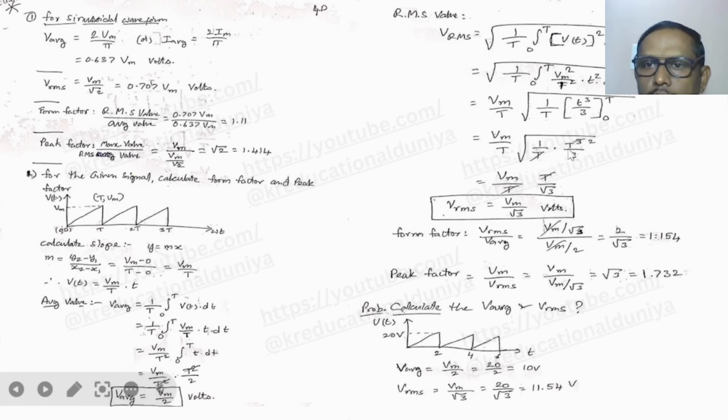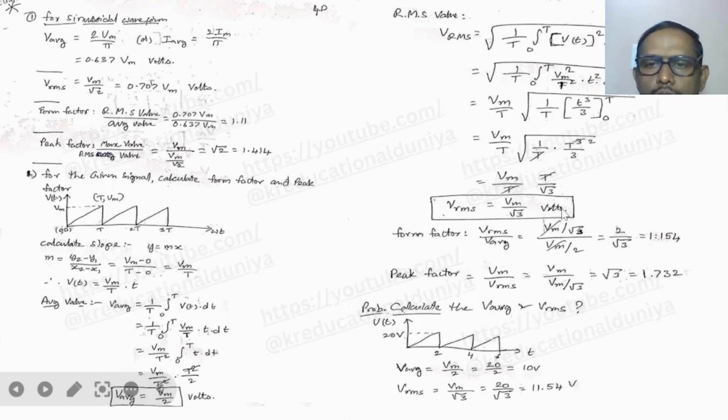So this T and this cube will get cancelled and it will become T square by 3. Under root T square by 3. So under root T square is nothing but T. So Vm by T into T by root 3, right? T will get cancelled and the answer is Vrms equal to Vm by root 3, right?